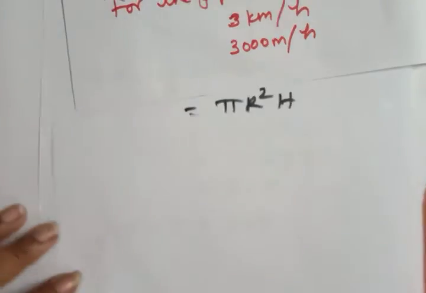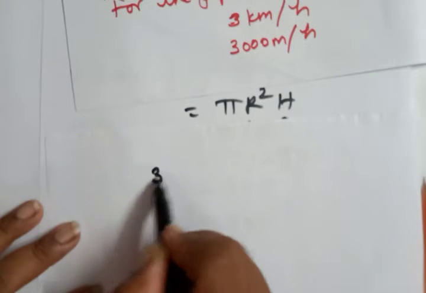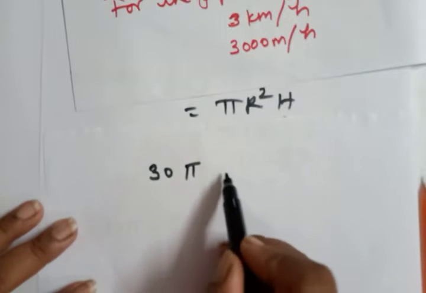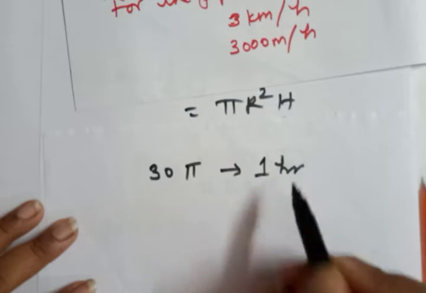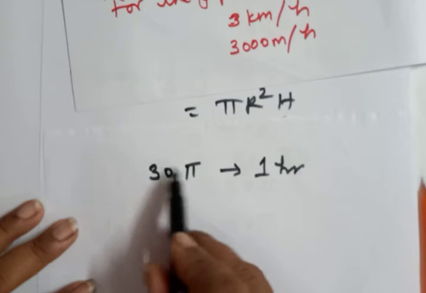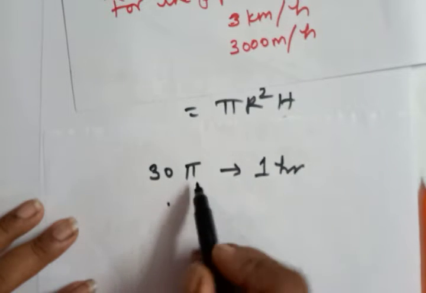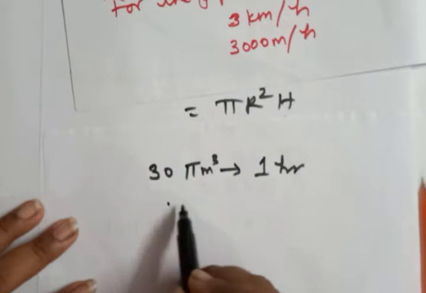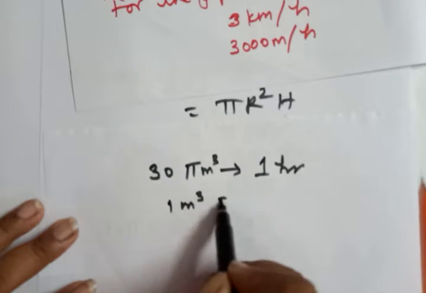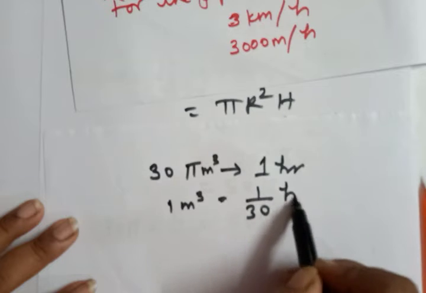Let me explain the unitary method. 30 pi in 1 hour. So 30 pi is the volume in cubic meters. So 1 cubic meter will fill in 1 upon 30 hour.